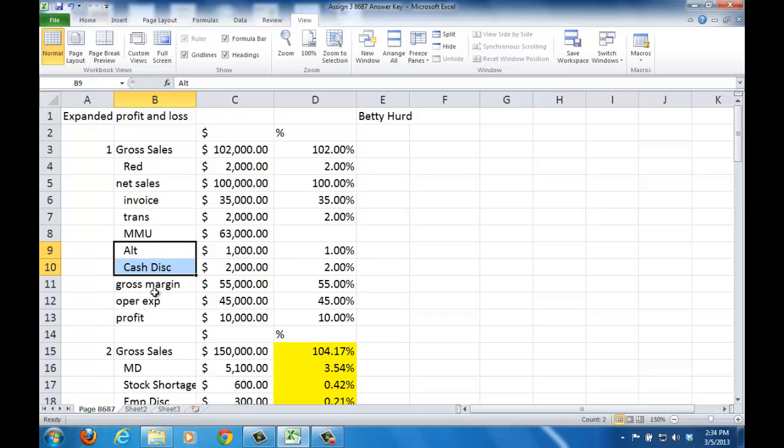So why don't we include these two in that? Alterations and cash discounts have to do with your company's performance, not the vendor. So in doing a vendor analysis, it would not be fair to have one vendor that we do alterations with and one vendor not. We would not be comparing apples to apples. So we can say that alterations are just part of running our business.